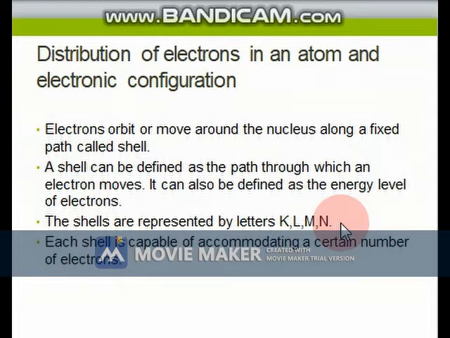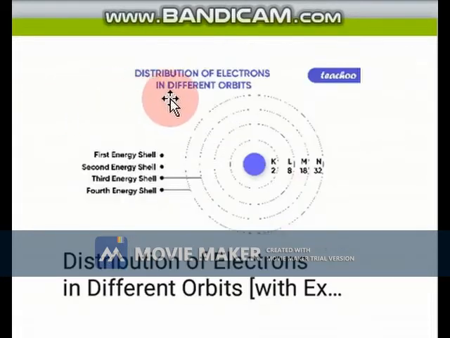Each shell is capable of accommodating a certain number of electrons, and we are going to look at that. So here you have the distribution of electrons in different orbits. This is our nucleus. The very first shell around it is the K shell, and it can carry a maximum of 2 electrons, followed by the L shell with 8 electrons, the M shell with 18, and then the N shell with 32 electrons.